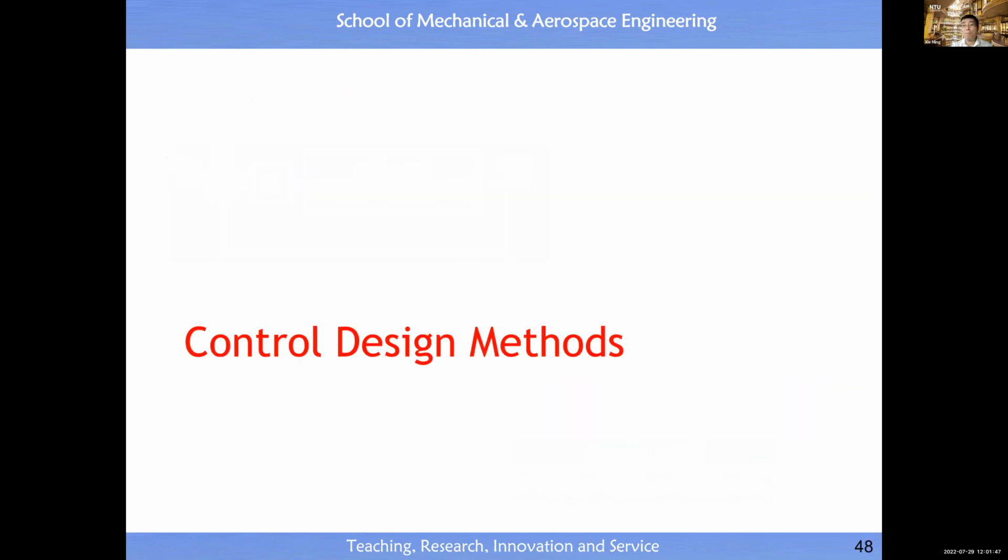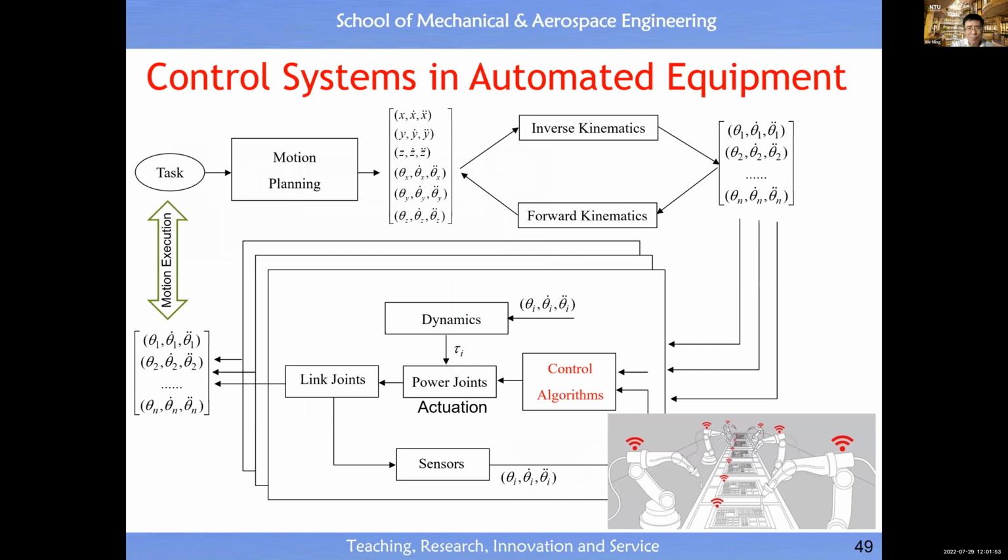But the biggest benefit is for us to design the control system, all right? Because inside the robot, inside any machine, you always have this feedback control loop for position, for velocity. So it is present everywhere inside automated equipment in manufacturing, all right?